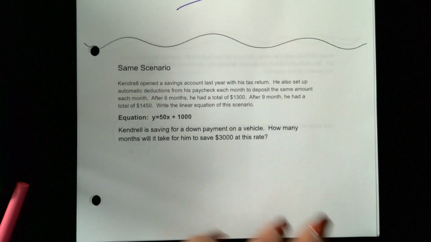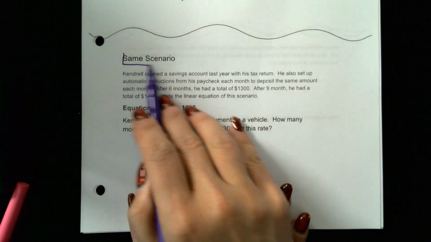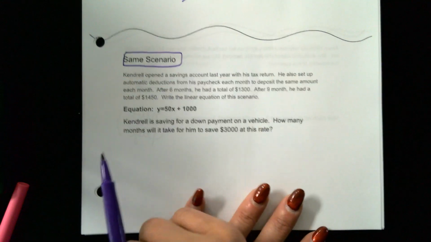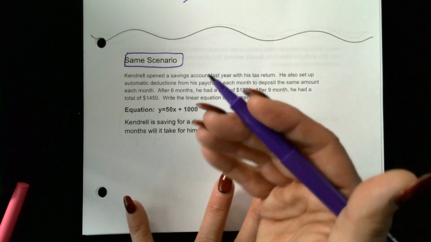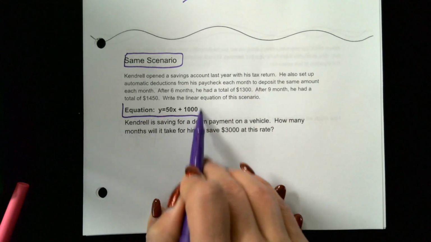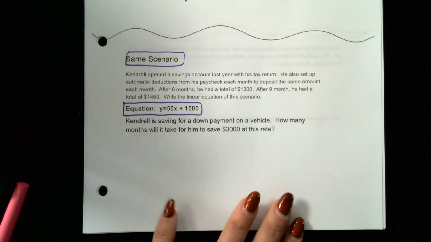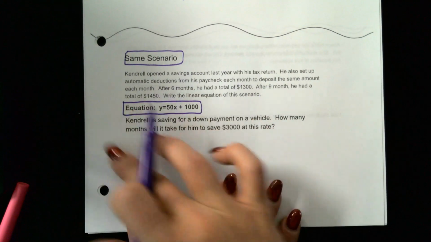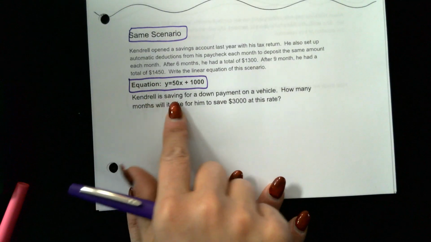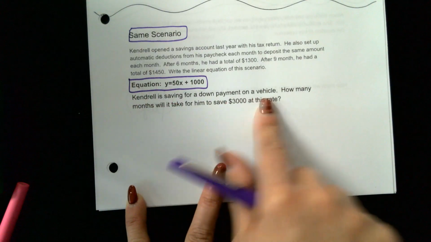But sometimes you got to read, because right here it says this is the same scenario. So of course you're thinking, wait, is this the same problem all over again? No. I mean, kind of. See, here's the equation we just found, right? So we're starting with this equation again, but look at what it says. Kendra is saving for a down payment on a vehicle.